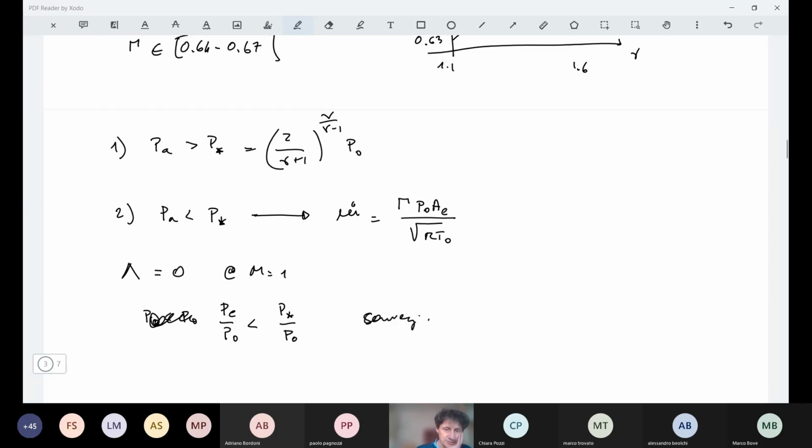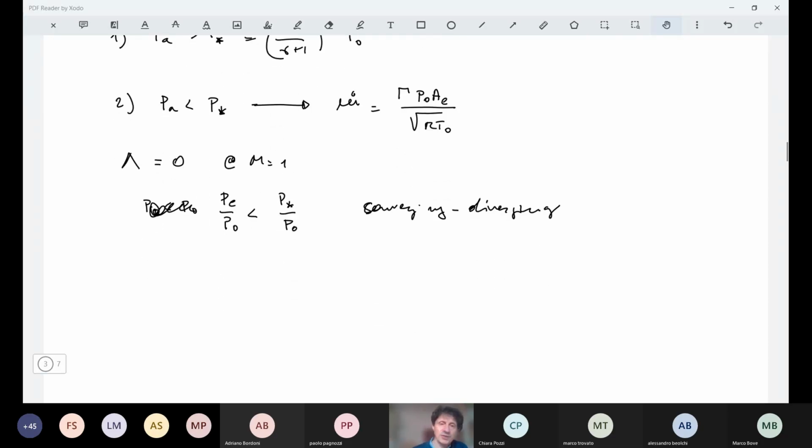Converging diverging channel. So we pass to this kind of nozzle, which is called a de Laval nozzle.